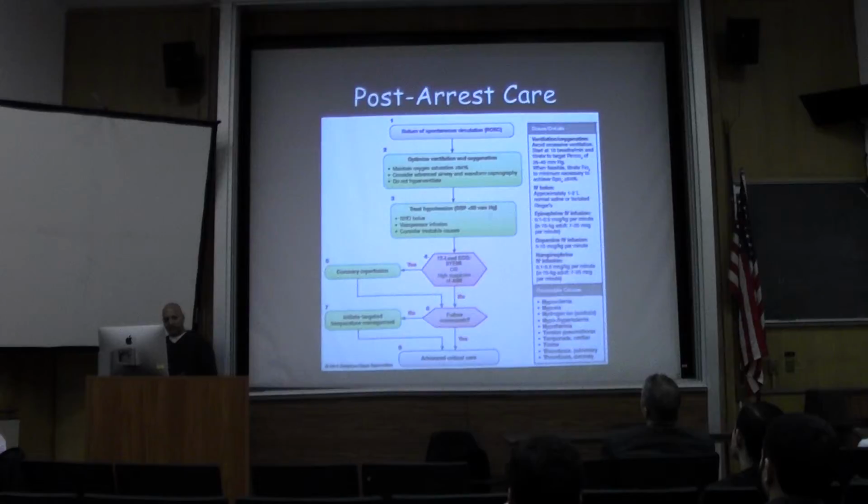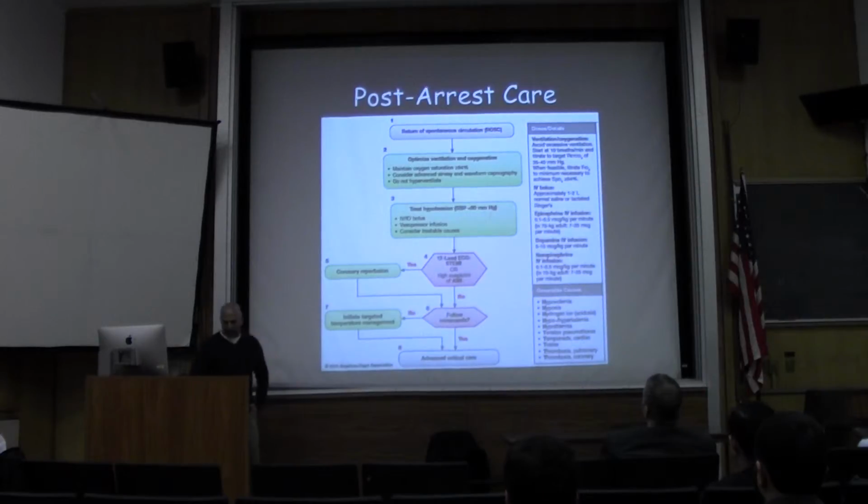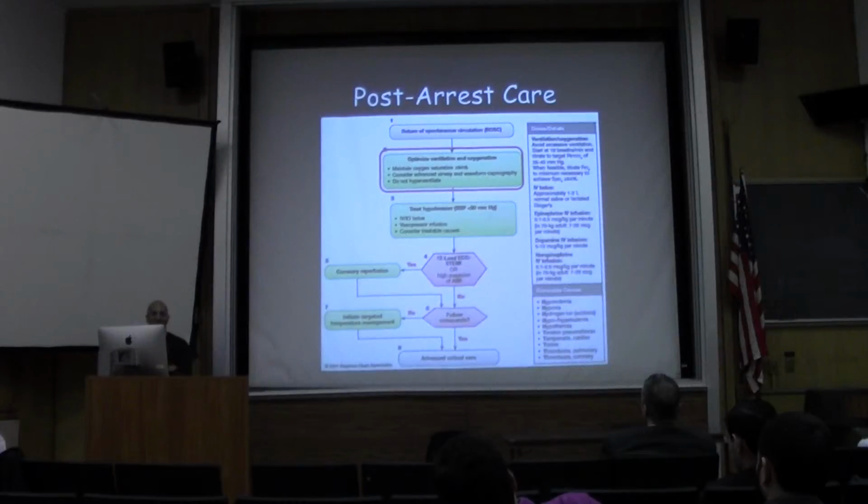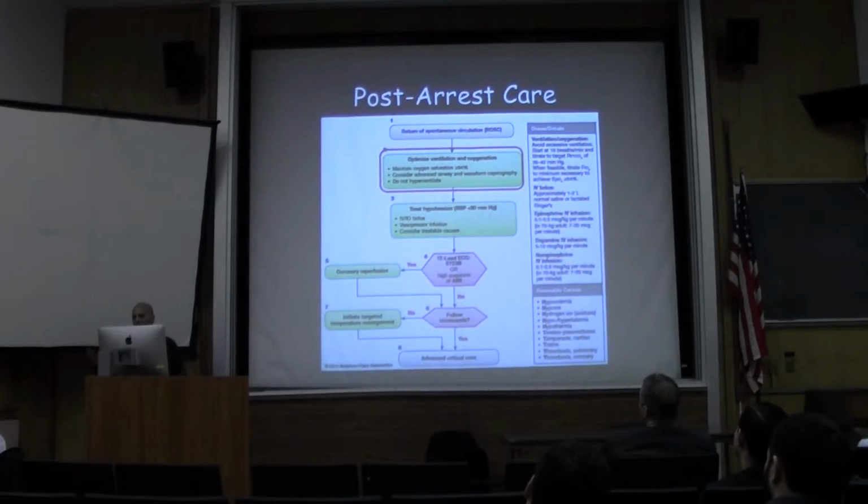All right, last thing we're talking about is post-arrest care, because I think this is another area we can really focus and improve on. So after all that, let's say you get return of spontaneous circulation. You've got to remember to optimize your oxygen and ventilation, and that means do not hyperoxygenate, right? You don't want your oxygen saturation at 100% because that means you might be giving them too much oxygen.